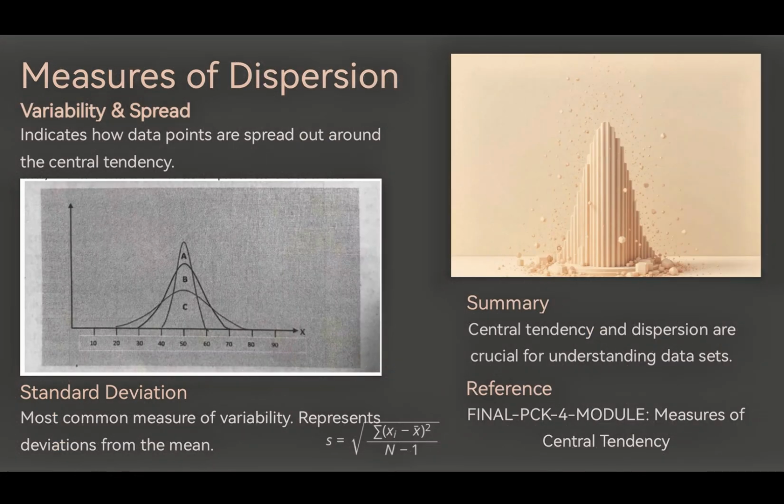Next is the kurtosis. Kurtosis measures how peaked or flat a distribution is compared to a normal bell-shaped distribution. It tells us about the tailedness, how much data is in the tails versus the center. We have 3 types of kurtosis. Let's start with mesokurtic, or the normal: the standard bell curve, with moderate tails and peak.